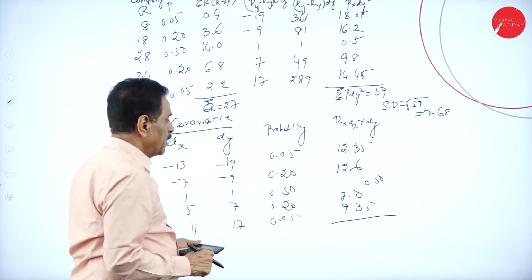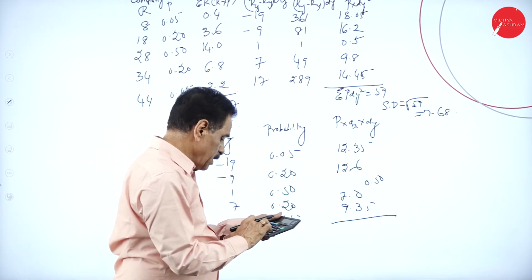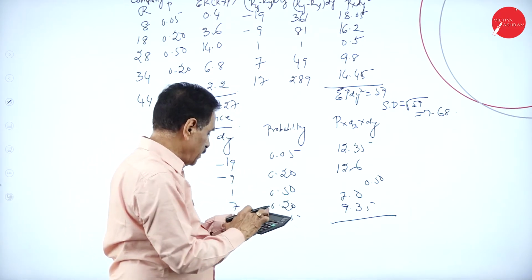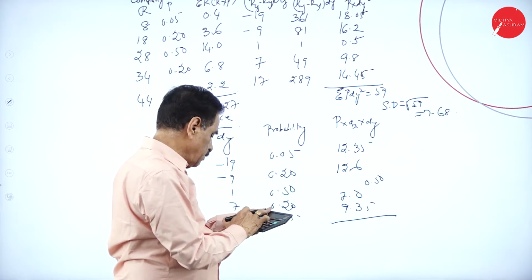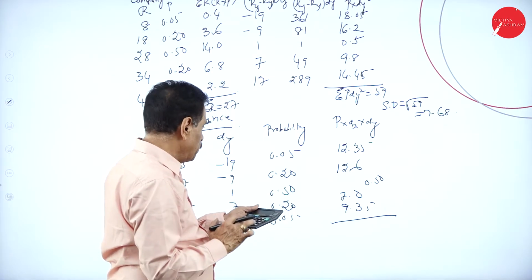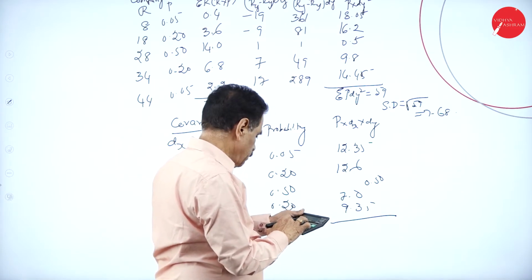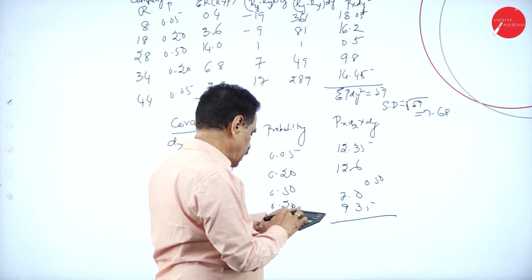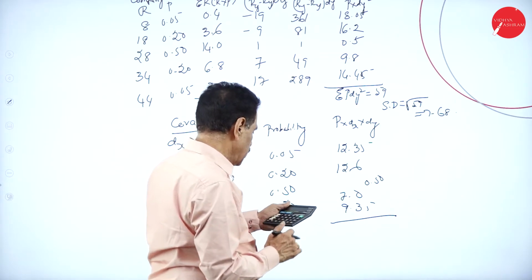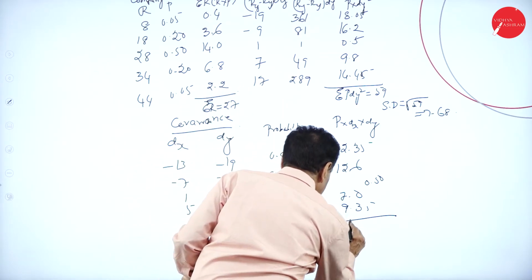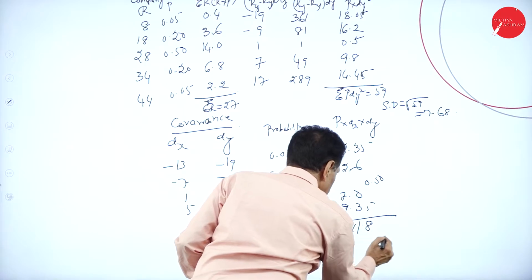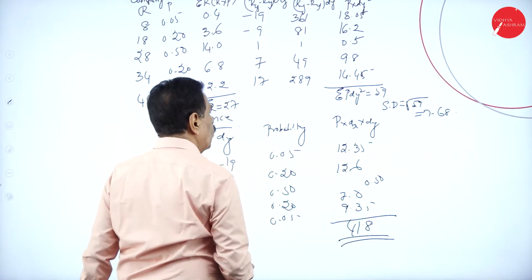Add the figures: 9.35 plus 7 plus 0.50 plus 12.6 plus 12.35. It is 41.8. This is covariance.